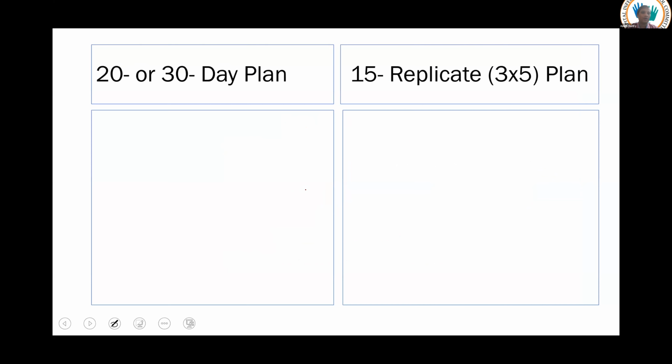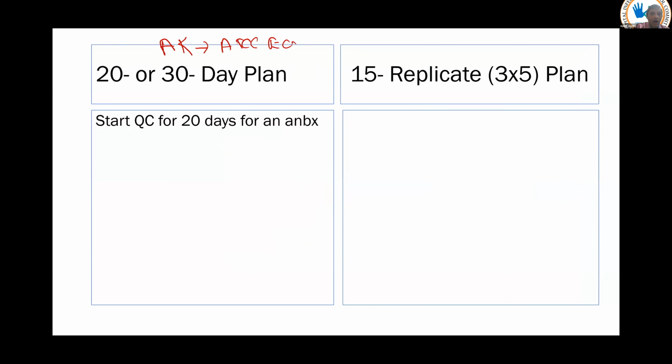This slide is very important, in fact the most important slide of this session. In a 20-30 days plan, this plan is applicable for a drug-bug combination. So let us say you want to test amikacin against the ATCC E. coli QC strain.